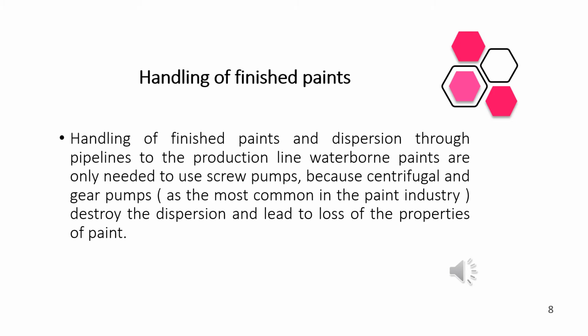That's why we prefer to use screw pumps, because screw pumps are the most suitable pumps to handle the finished products of the paint and the dispersion of the paints through the pipeline to the production line.